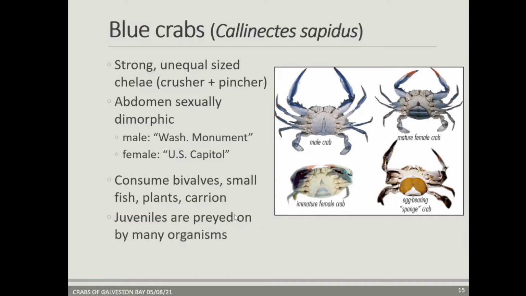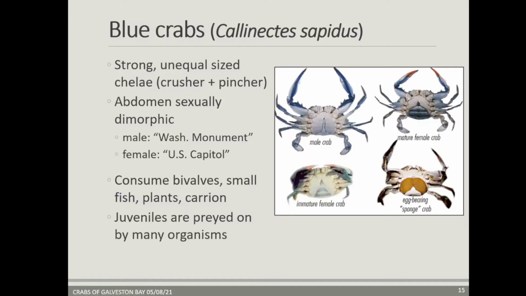Adult blue crabs will eat mussels, they'll eat snails, they'll eat small fish, plants, and they spend a lot of time eating dead fish and other dead stuff along the coast or in the marsh. The young crabs, the juvenile crabs, will go after smaller food. Small crabs do not have these dimorphic claws.